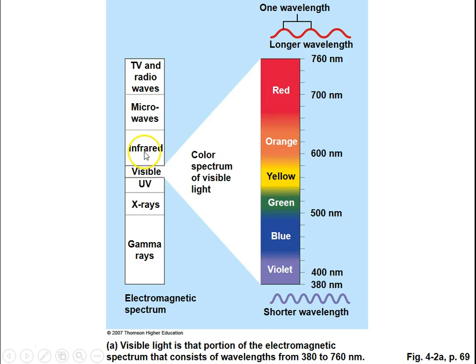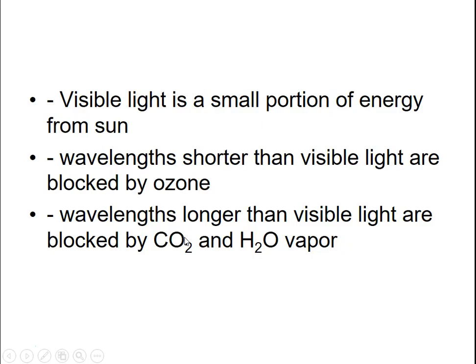We get a little bit of infrared light making its way to the surface of the Earth, a little bit of ultraviolet light, but for the most part, these wavelengths, both longer and shorter than visible light, are blocked by our atmosphere from being able to reach the surface of the Earth.